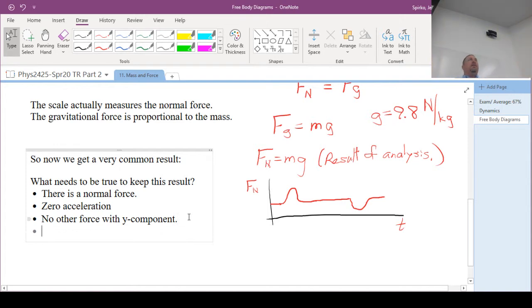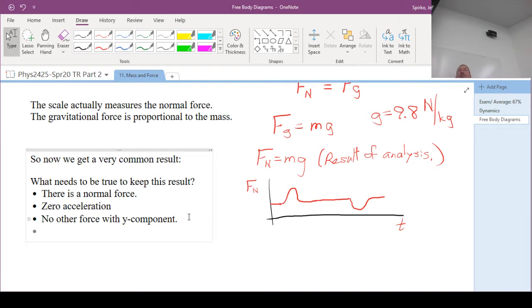So we have 3 options so far we've discussed. In order for the normal force to equal mg, there has to be a normal force. You have to have no acceleration. You have to have no other forces interfering with that equation. In other words, no other force with a y component.